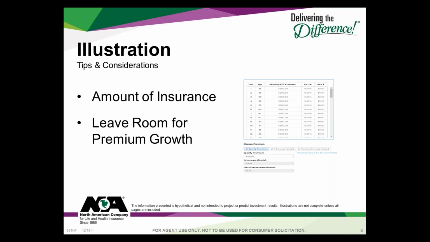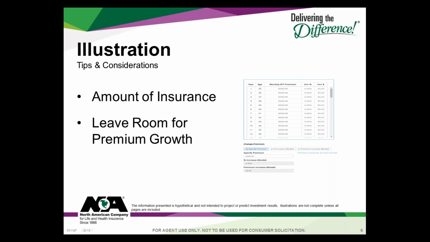You don't have to reduce the face amount right away in year 4. The cost of insurance charges are not really large for a 45, 55-year-old. Cost of insurance charges become more significant when you get to 65, 70, 80, those ages. So it does not cost a lot of additional charges to have a lot more flexibility for your client.